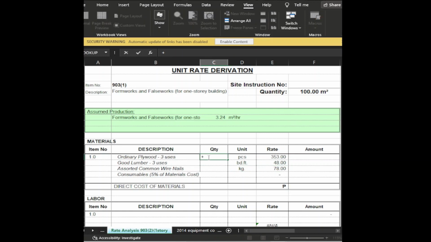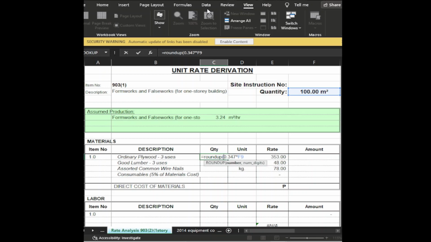So our factor for this one, guys, is 0.347 times the quantity. This is 100 square meter. So we have 34.7, but because this one is pieces, we just round up.